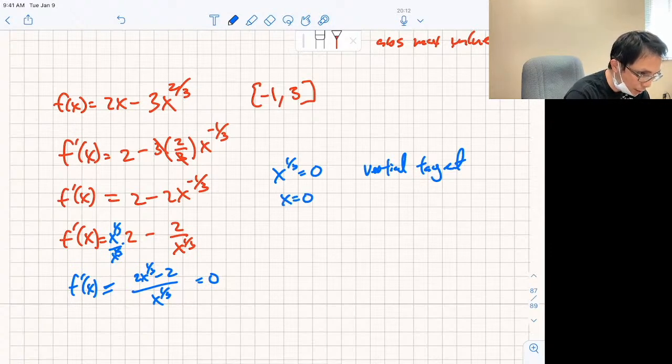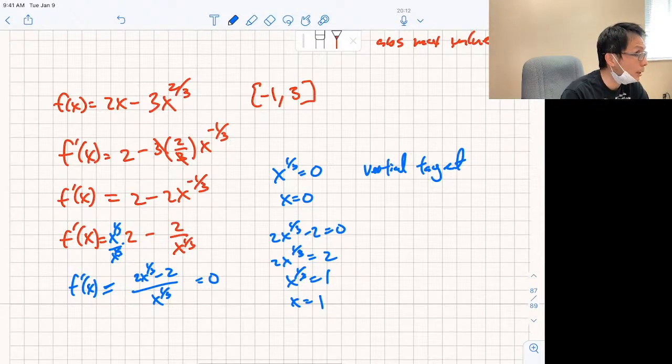So x equals 0, or 2x to the 1/3 minus 2 equals 0, so x to the 1/3 equals 1, x equals 1, not -1, because the 1/3 is not 2/3. So therefore x is equal to 1.